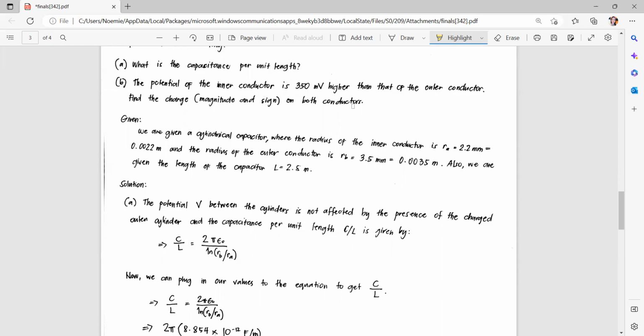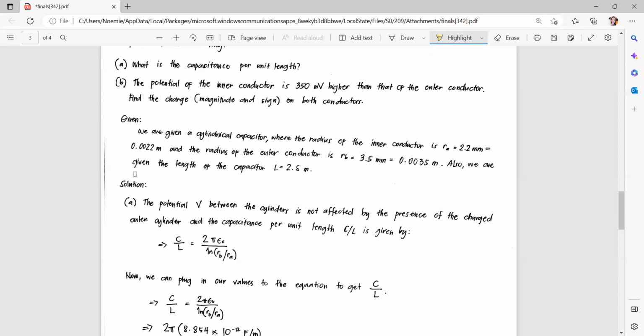on both conductors. So we are given a cylindrical capacitor where the radius of the inner conductor is R_A equals 2.2 millimeters, equal to 0.0022 meters, and the radius of the outer conductor is R_B equals 3.5 millimeters, which in meters is 0.0035.